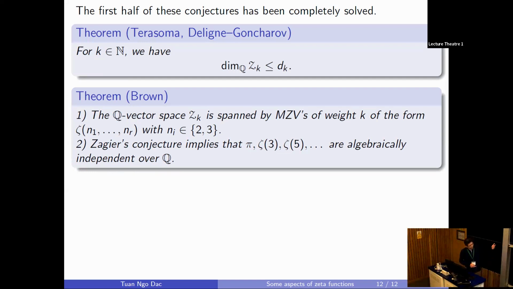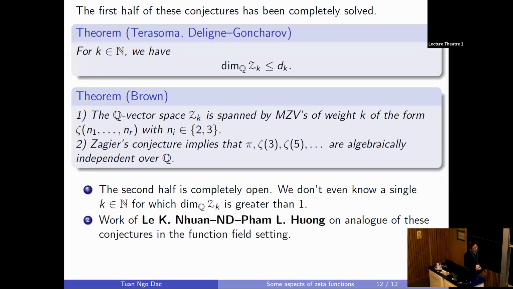After that, there has been much work. Here you have just the upper bound and a generating set. But the bad news is that the second half is completely open. We don't even know any single case where the dimension of Z_k is greater than 1.